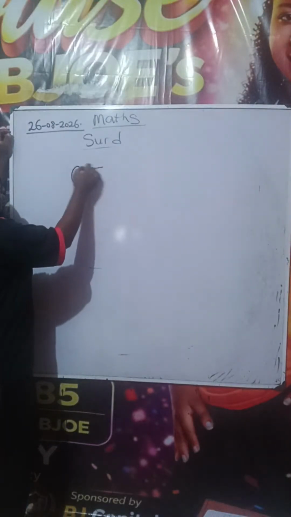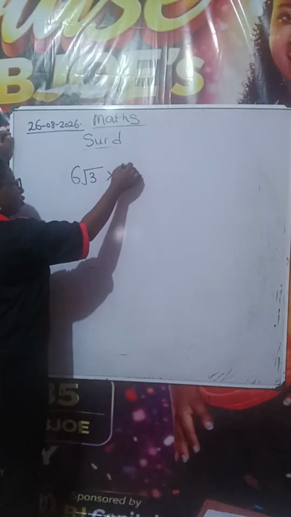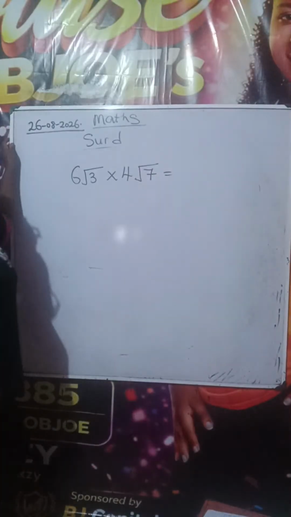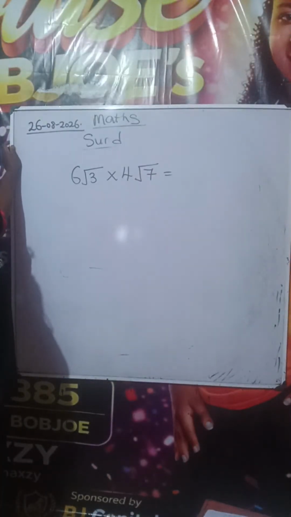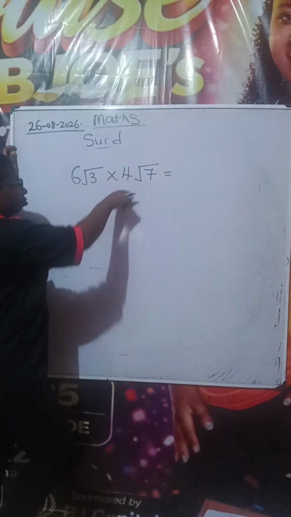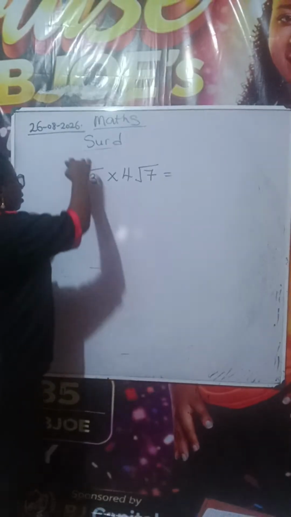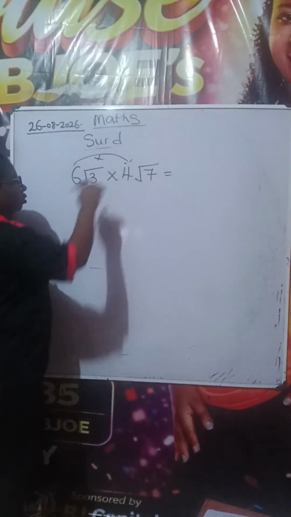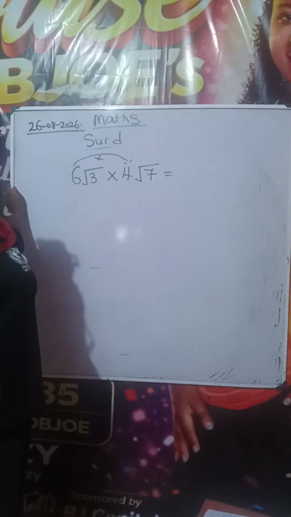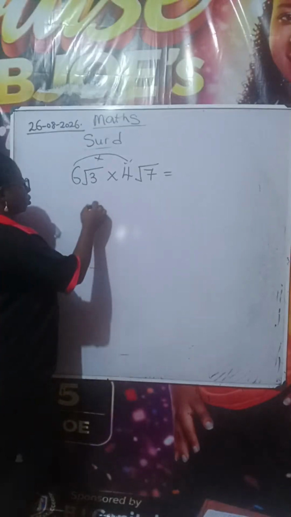Okay. Now look at this one. I have 6 root 3 multiplied by 4 root 7. How do we multiply this? The 6 and 4 are not carrying any root, so you first multiply 6 times 4, which gives 24.